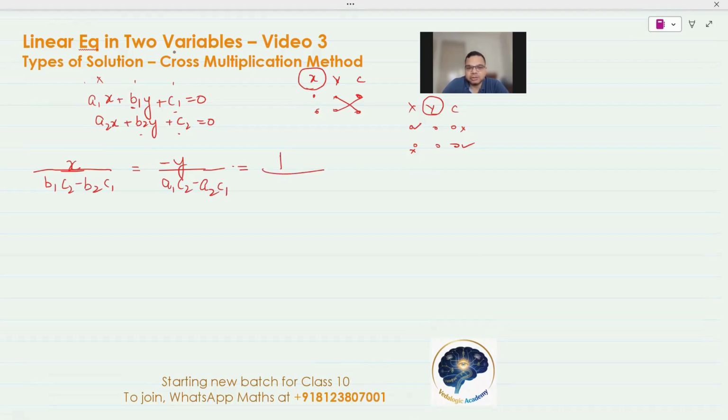And then there is a constant, which we are going to now do the calculation for. Again, we have three: x, y, and constant. So for the constant, we are going to use this and this. So it becomes a1 b2 minus a2 b1.